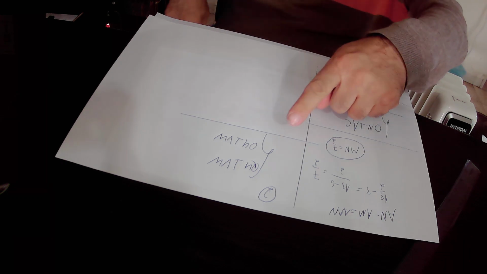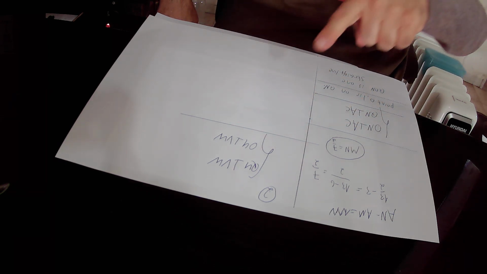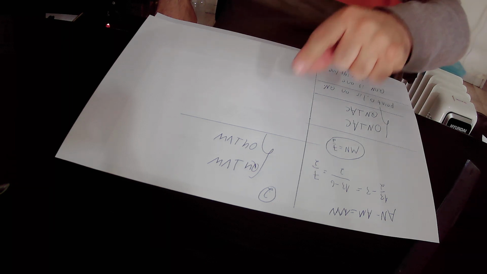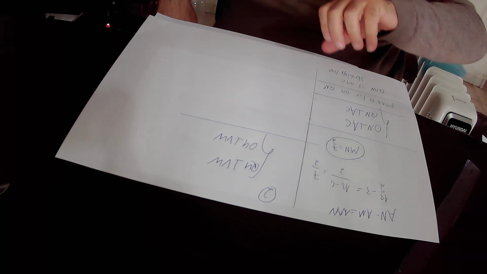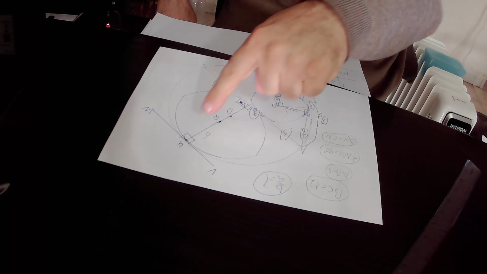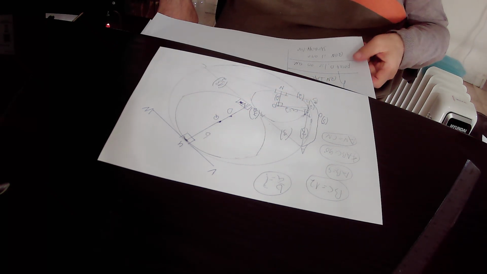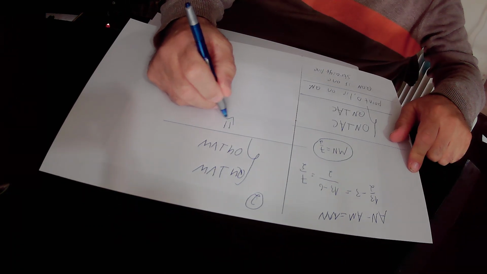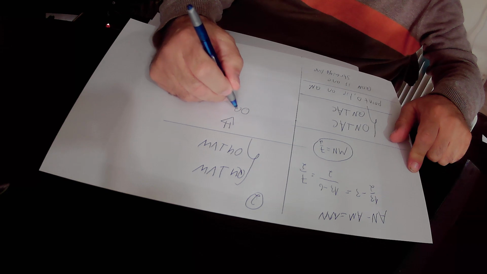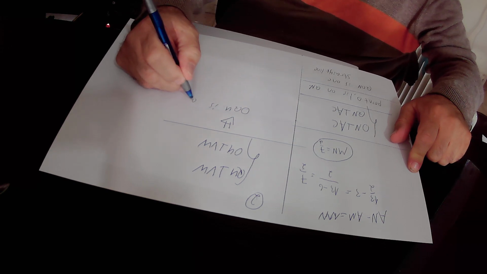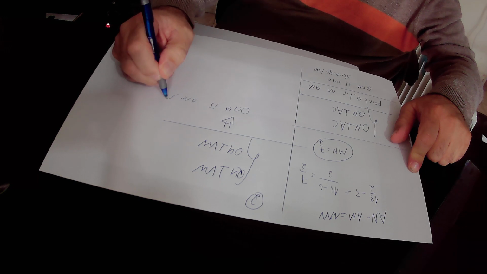So I found out that QU is perpendicular to VW and OU is also perpendicular to VW. And you can derive from those two statements that OQU is one straight line.